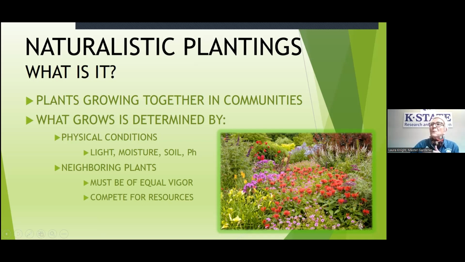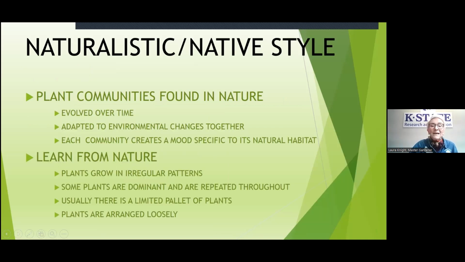And so if all your plants have roots that are about 8 feet or 4 feet, they're going to be competing for all the resources at the same level, and that's not necessary. These communities can get along because they have evolved over time, they have adapted to the environmental changes together, and because they have lived for so long, each community creates a mood.